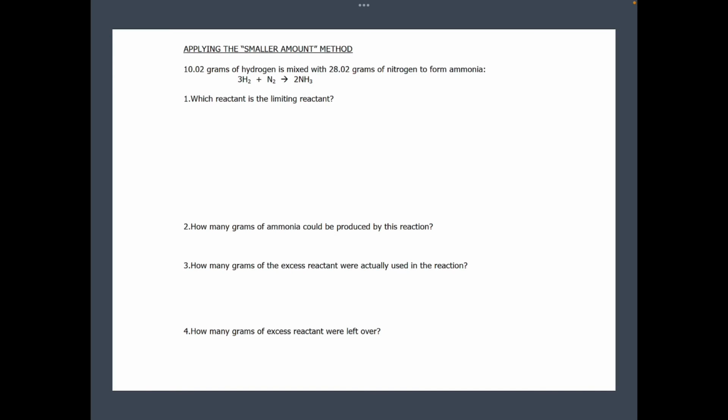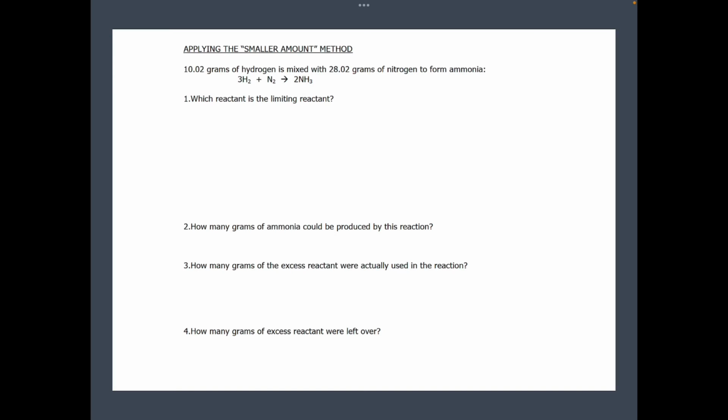To answer that first question, you're going to need to make two different train tracks, one for hydrogen, one for nitrogen, and figure out how much ammonia you can make. That will also help you answer number 2, how many grams of ammonia could be produced by that reaction. Remember, the one that produces less is the actual amount that's being produced.